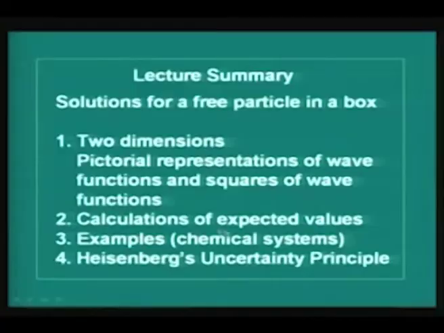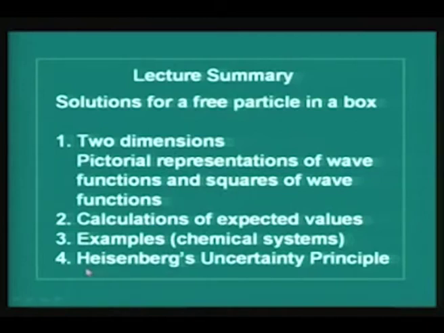We will illustrate that formula in this lecture and follow that by one or two examples of chemical systems. Given sufficient time, I would try to explain Heisenberg's uncertainty principle, but in all likelihood this will go to the next lecture.